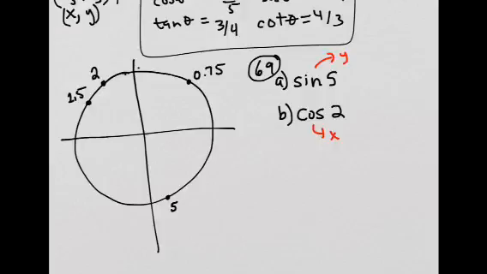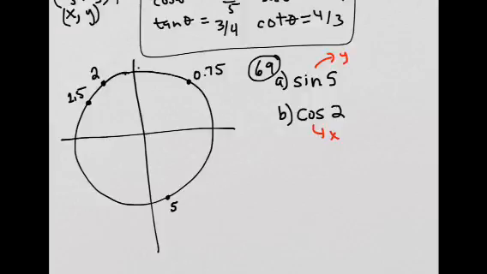Okay, so 69 and 70, I just drew a really rough sketch of the unit circle, but you could look at your book for a nicer, more accurate picture, actually. So for 69a, sine of 5, remember on a unit circle, sine is the y-coordinate, okay?